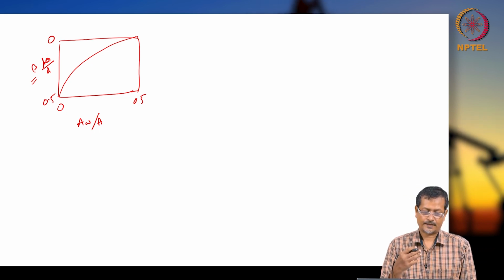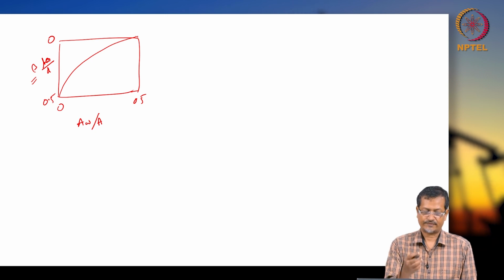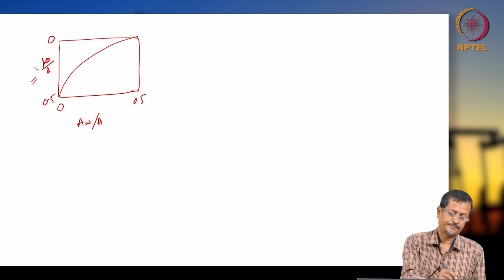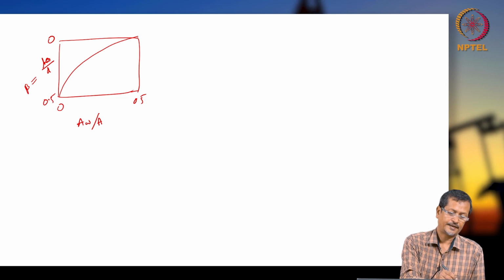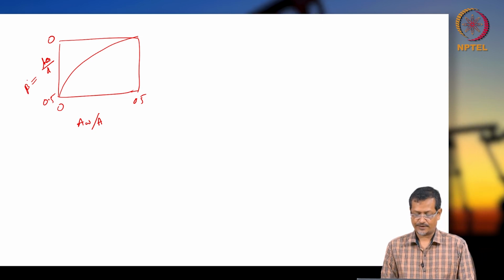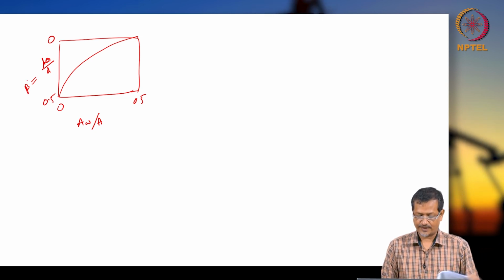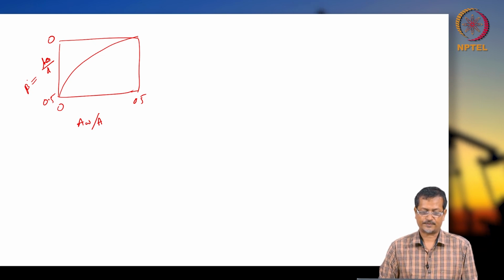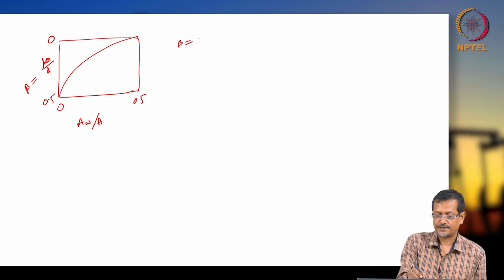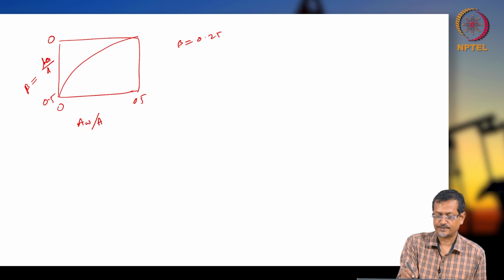Now in the exam I can give the graph to find the beta value, or I can give the value of beta and you can calculate. So in the present case I am giving you the value of beta as 0.257. Beta equals 0.257. Okay.